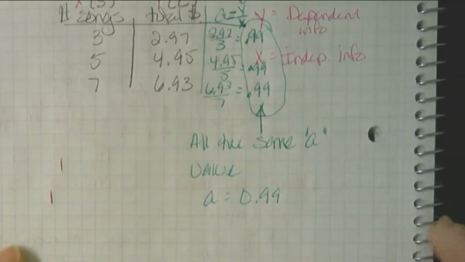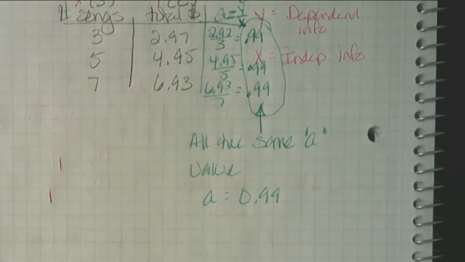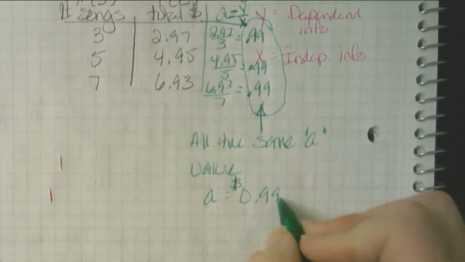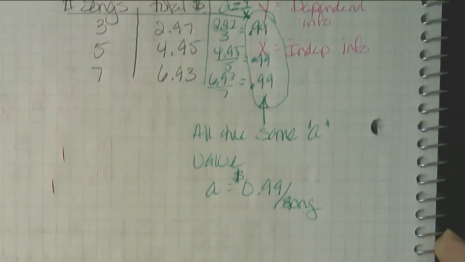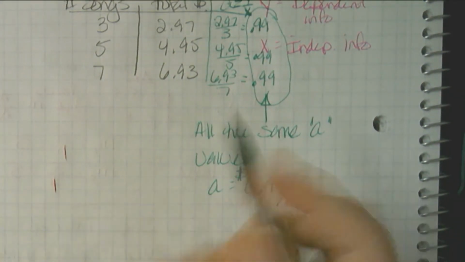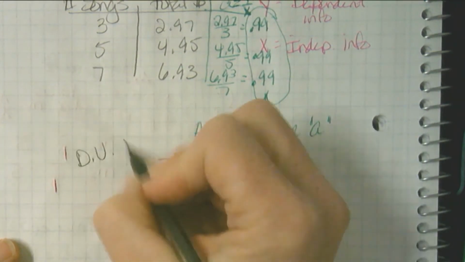What does that 0.99 represent? Think about what the information for Y is. Think about what the information for X is. What does 0.99 mean for us, Seamus? Exactly, that's a cost per song. All right, so since these are all the same A value, this is a direct variation table.